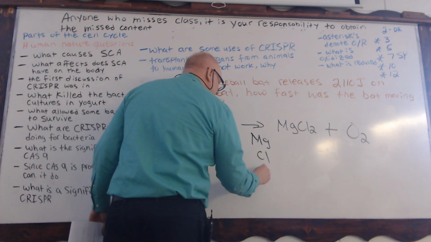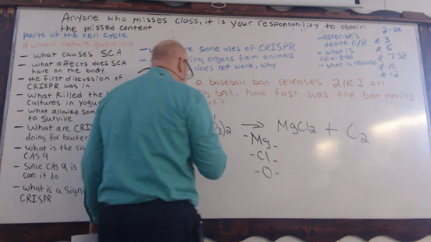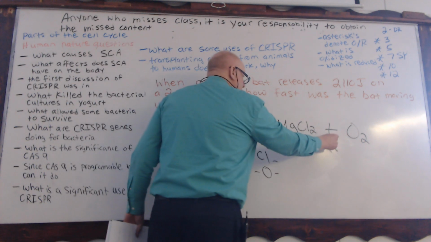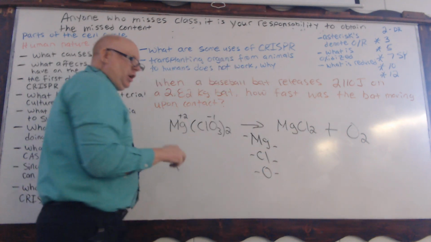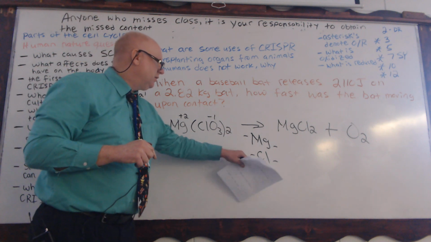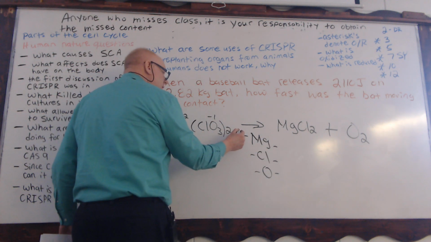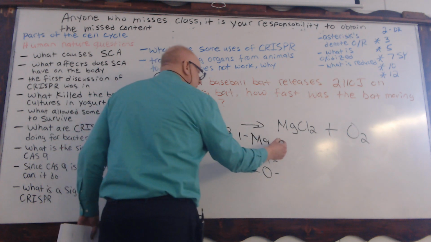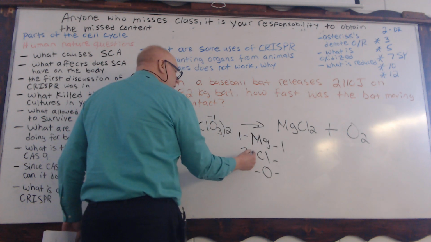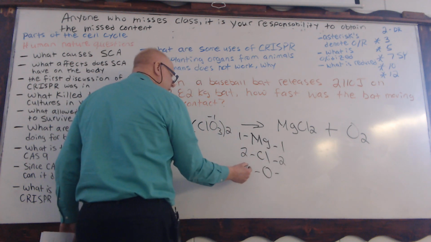Now, chlorate is a polyatomic ion, but we don't have the chlorate ion over here, so we can't write ClO3 on both sides. So we have to break it apart into its assorted elements. Magnesium's left, 1. Magnesium's right, 1. Chlorine's left, 2. Chlorine's right, 2. Oxygen's left, 6.